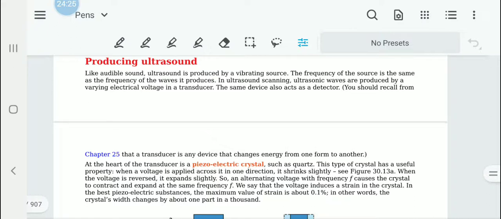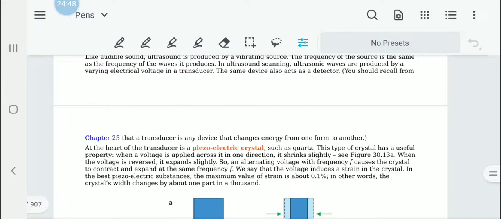At the heart of the transducer is a piezoelectric crystal such as quartz.